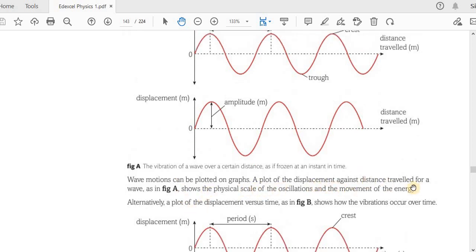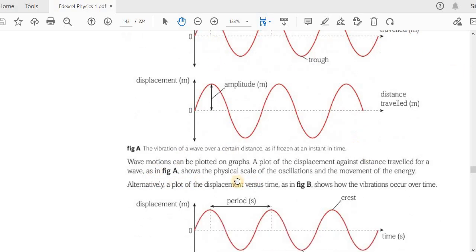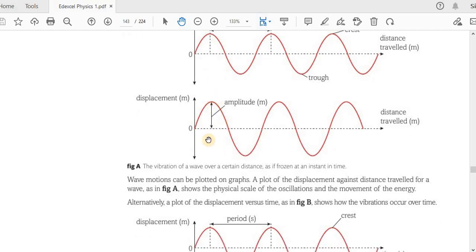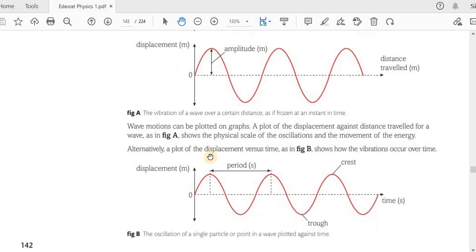A plot of the displacement against distance traveled for a wave, as in figure A, shows the physical scale of the oscillations and the movement of the energy. Remember, the greater the amplitude, the greater the energy the wave carries. If it's a sound wave, the higher the amplitude, the louder the sound. The number of waves per second is the frequency. The greater the frequency in the case of a sound wave, the greater the pitch.